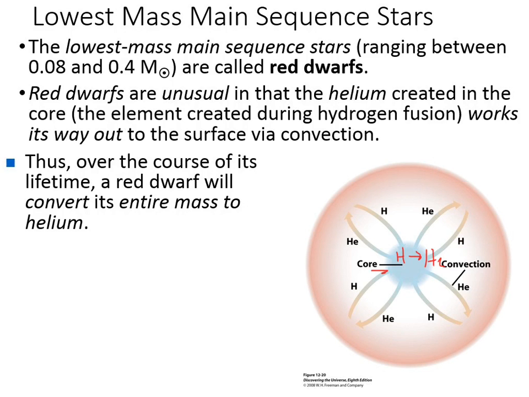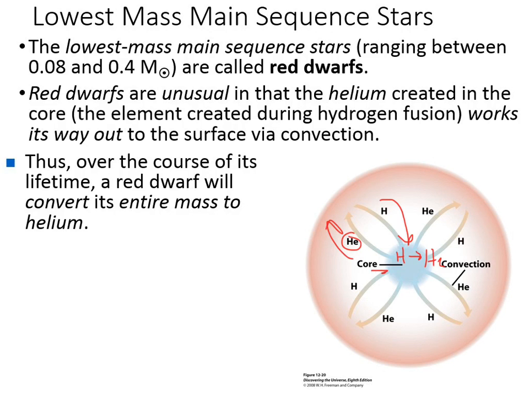Helium convects out and fresh hydrogen convects back in. So instead of running out of hydrogen, it keeps drawing hydrogen back in. Unlike normal stars of 0.4 solar masses or heavier, which have a confined core. So it's a beautiful thing, red dwarfs.